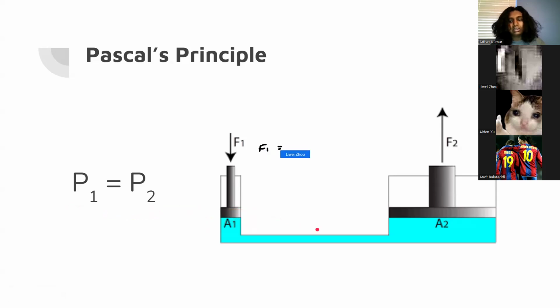Then we can increase our area at another place. Because the pressure at this point in the fluid must be the same as the pressure at this point, the force here must also increase because the area is increasing. So we're going to get a lot bigger force out of here even though we only put in a little bit of force.